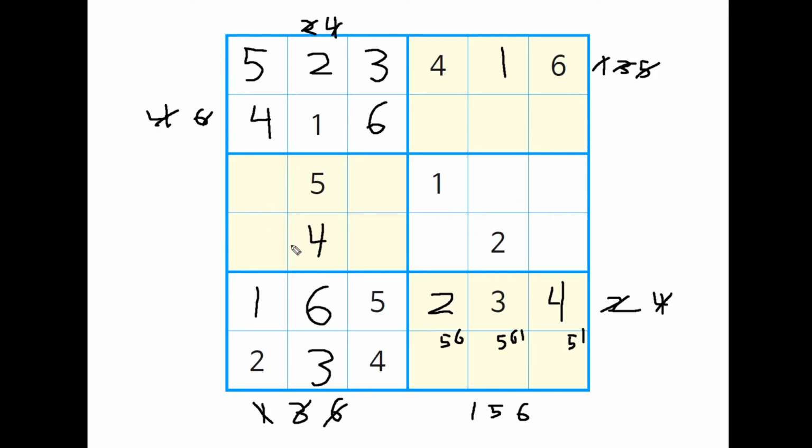In the third block here, we're missing the numbers 3 and 6. But we don't know which one should go where yet. How about these 2 cells here? These 2 cells are missing the numbers 1 and 2.